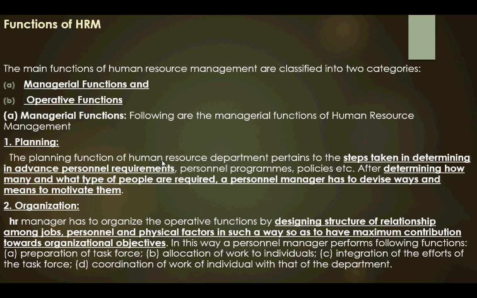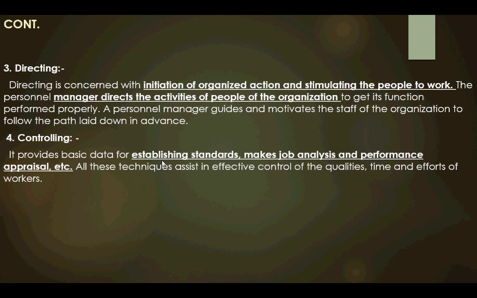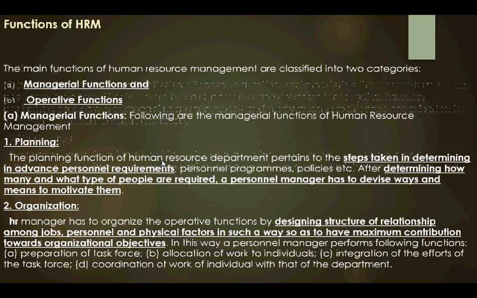Let's understand the managerial functions of human capital management: planning, organizing, directing, and controlling. So, these are the main functions under managerial functions. Let's understand these managerial functions one by one.